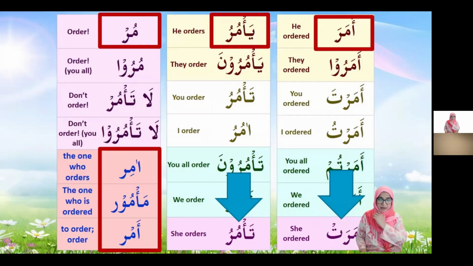So amara, amarta, and ya'muru, ta'muru. We know amara, amartu, amarta, amartum, amarna, and amarat. And ya'muru, ya'muruna, ta'muru, a'muru, ta'muruna, na'muru, and ta'mur. So remember, this is the feminine. Let's practice. Amara, amarat.